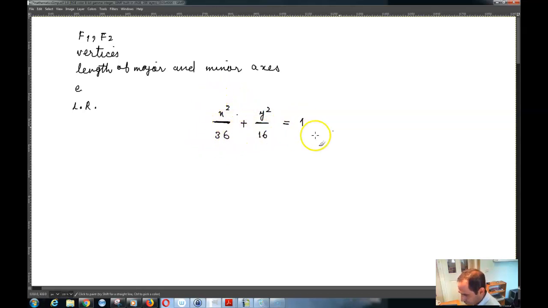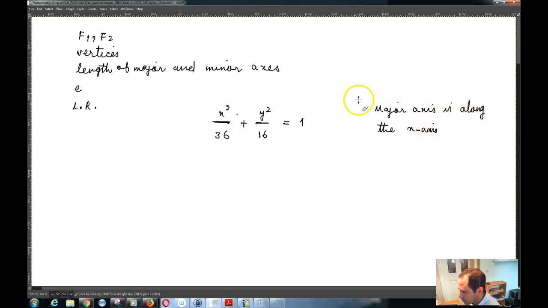So in this ellipse, as you can see, the coefficient of x squared has a larger denominator. That means that the major axis is along the x-axis.